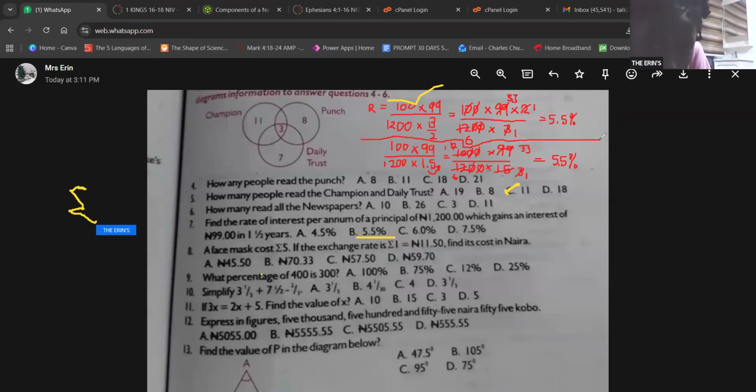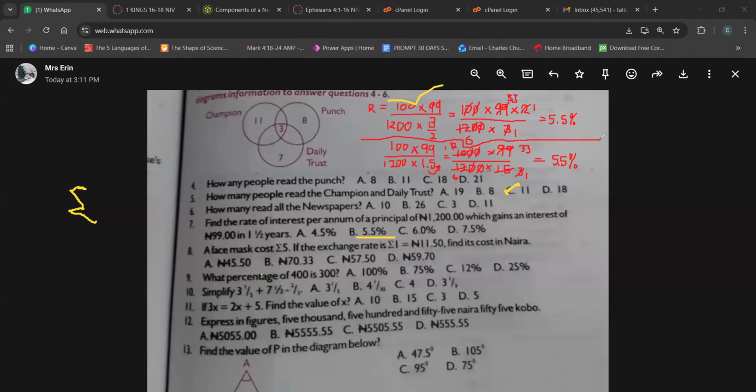Question 8 is multiplication. It's 11.50 times 5. 11.50 times 5 equals 57.50. Okay, that's good. Write it in your book.